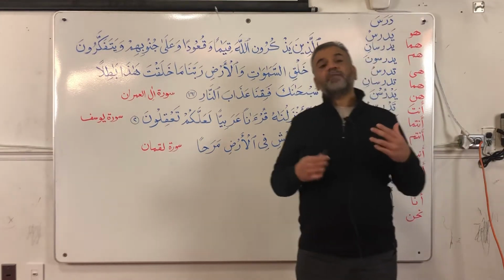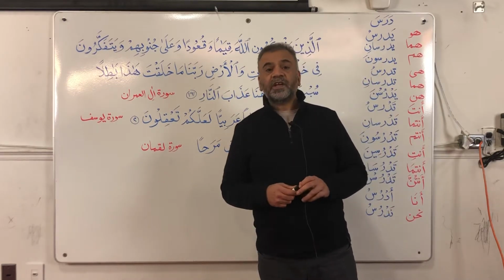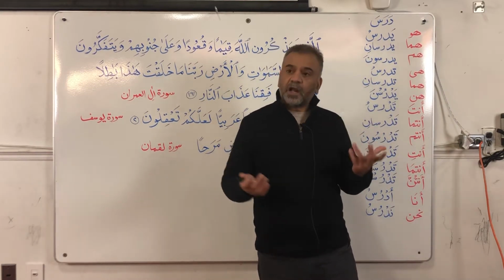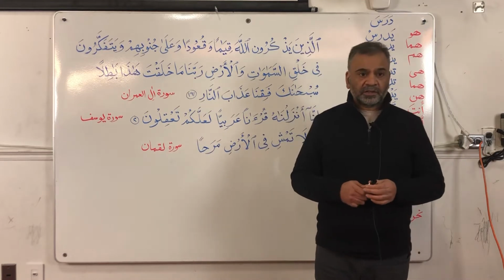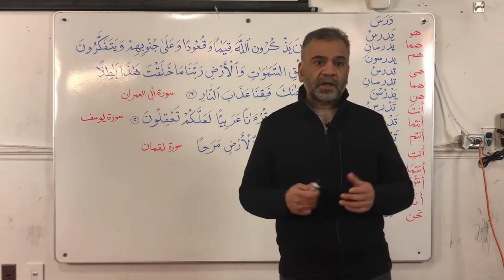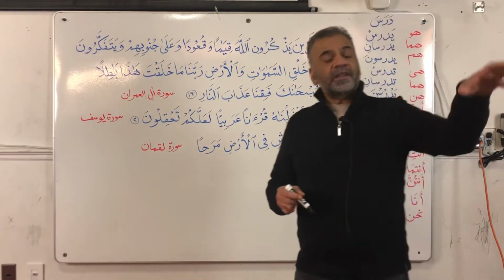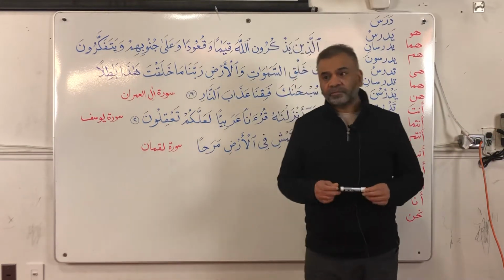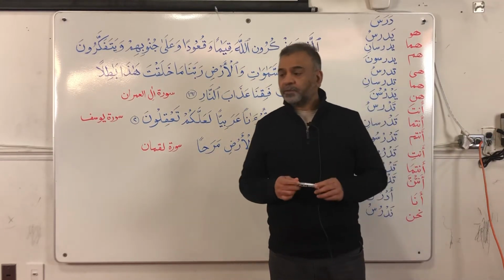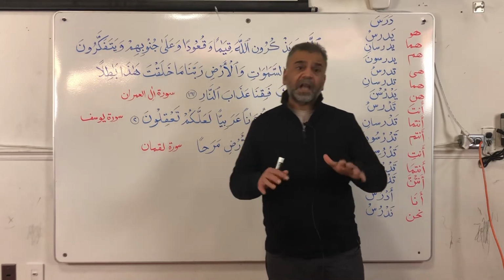And whenever circumstantial adverb or hal comes, there has to be a sahibu hal, or the person or people who are in that condition. We call them sahibu hal. And hal comes in the Quran.